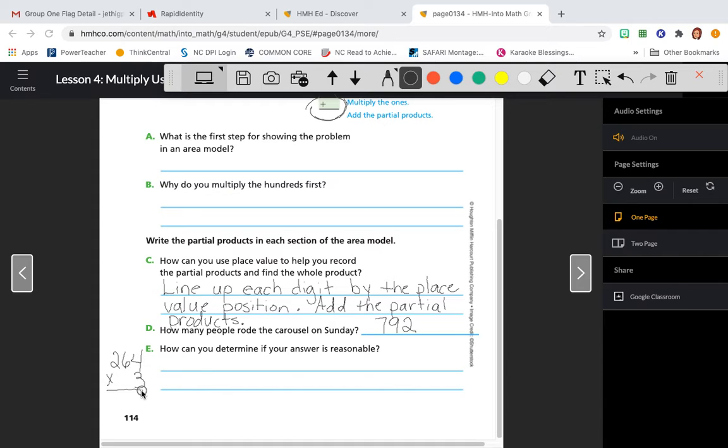Going back to our original equation, let's look at that number, the greater factor, and let's round it to the closest hundred. Well, if I look at the 2, that's the number I'm trying to round, so I'm going to move over to the tens, and I'm going to use the 6 in the tens place to help me round. 6 is 5 or greater, so I'm going to move up.